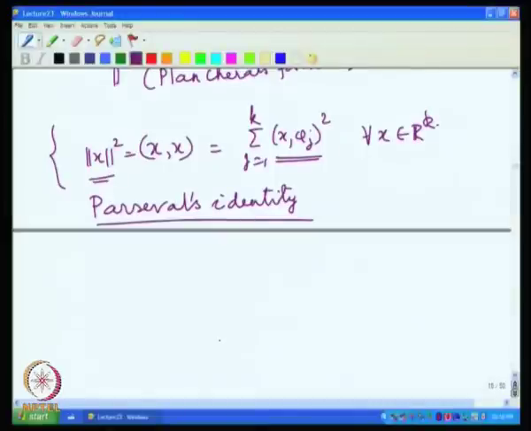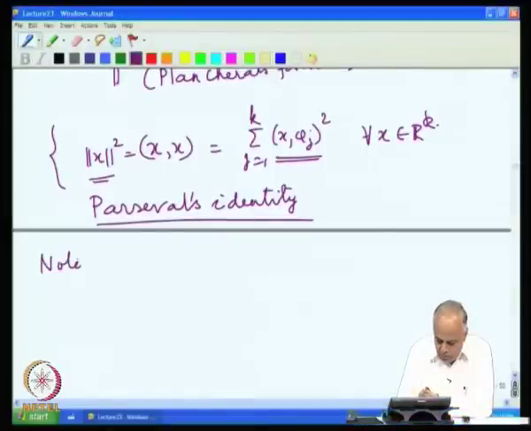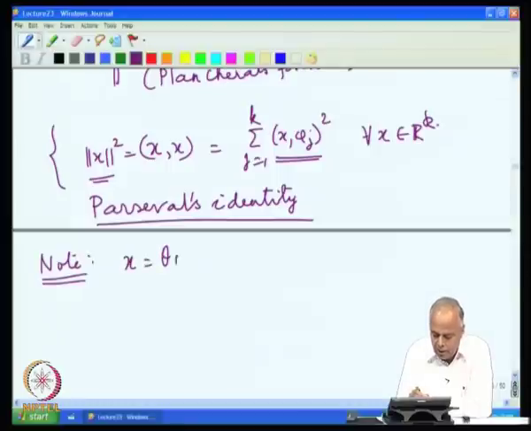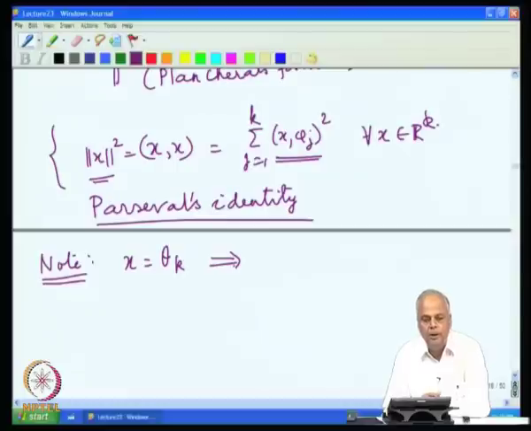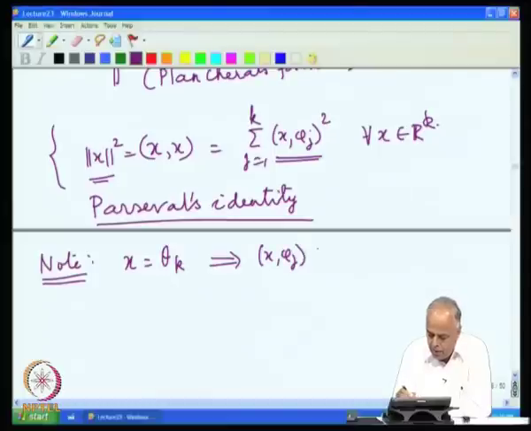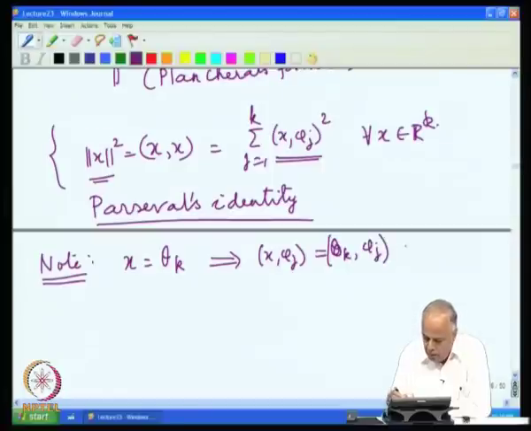Whatever orthonormal basis we choose, these identities hold. These are very important facts. Note that if a vector x is theta k, then all its Fourier coefficients must be 0, because the inner product of x and phi j is equal to theta k and phi j, but the inner product of the 0 vector with anything is 0.